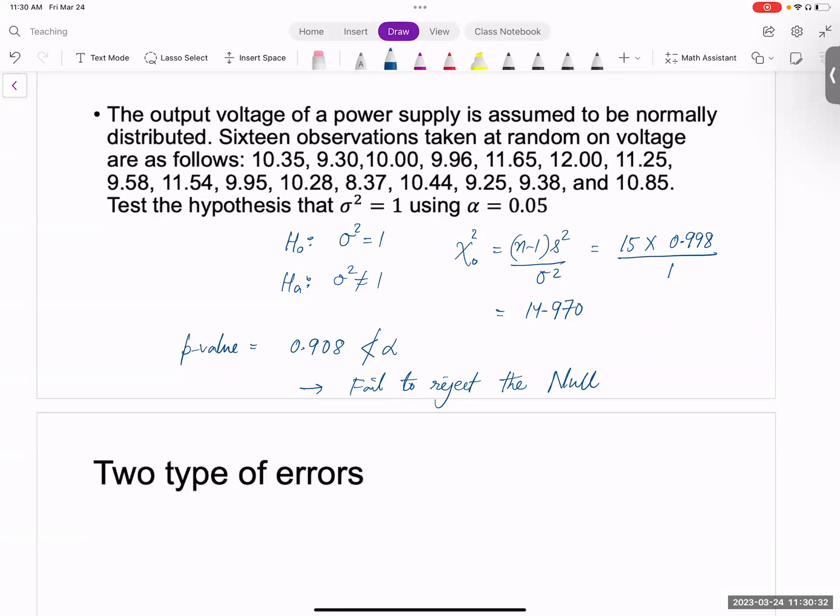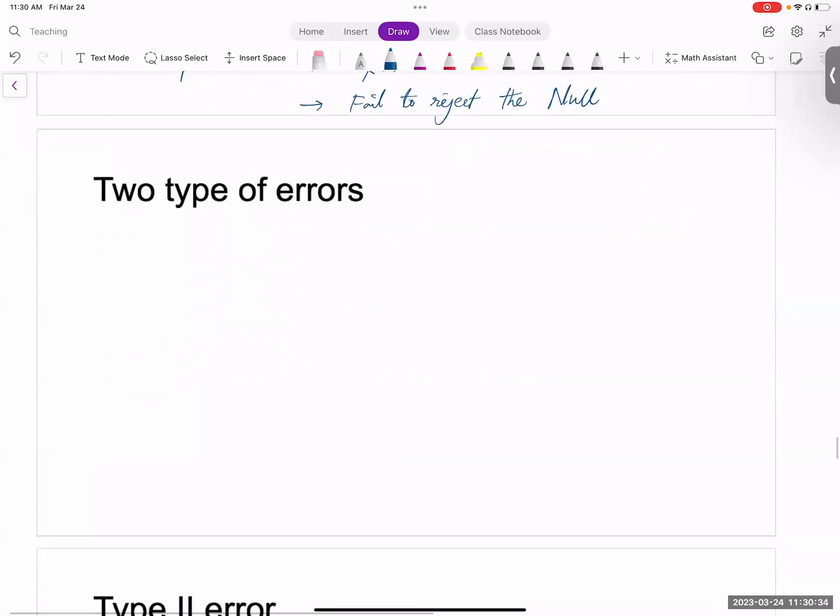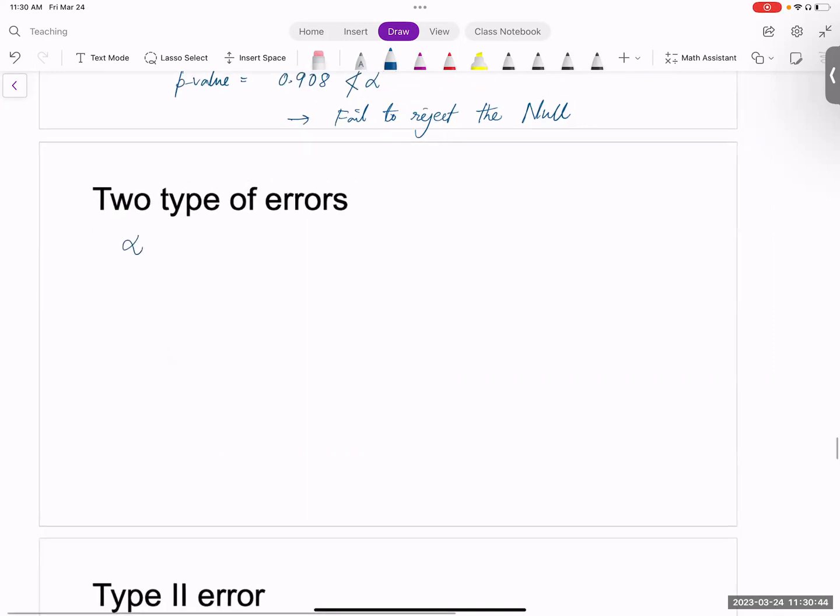Now I want to do a quick review of the 2 types of errors. In most scenarios, type 1 error is given to you. For instance, in all of the problems that we have been doing so far, alpha, which is the significance level, was the type 1 error. That was equal to the probability of rejecting the null given null is true.